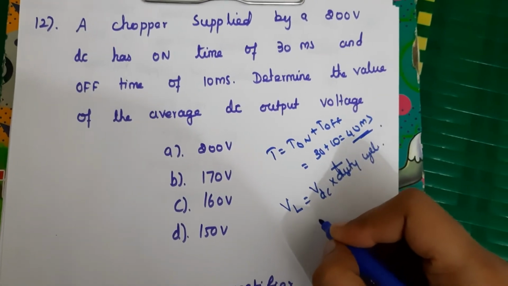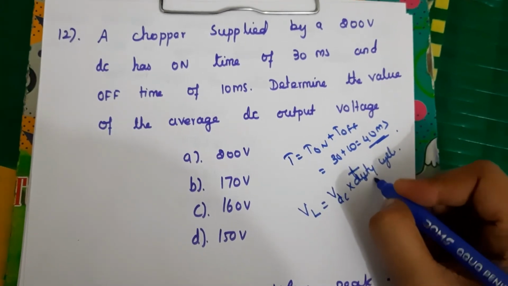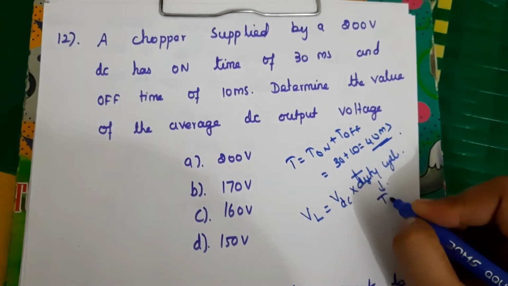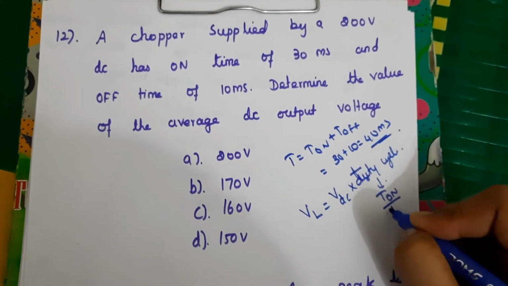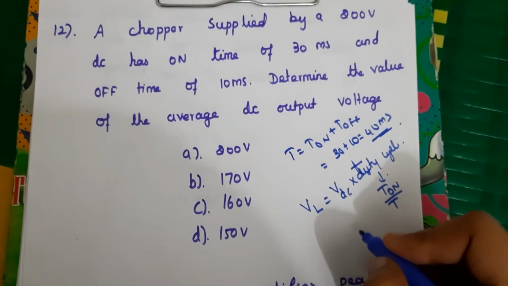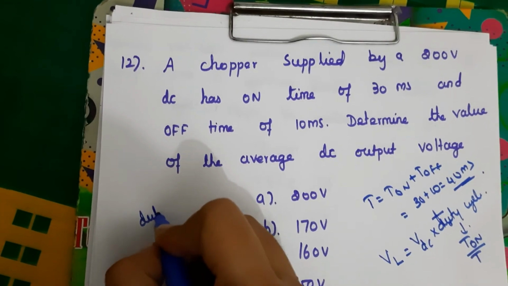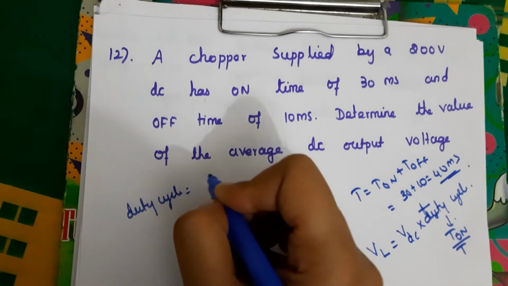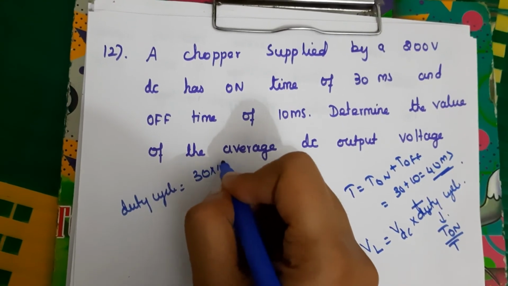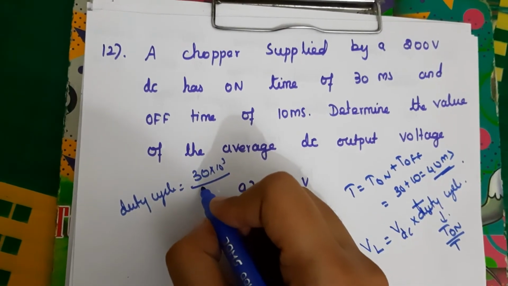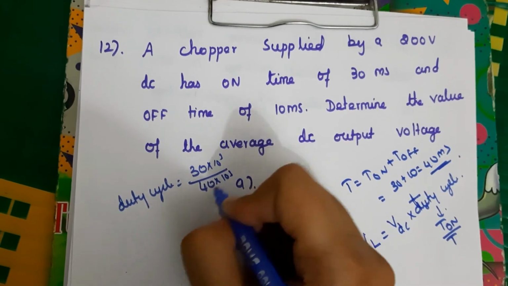The duty cycle is equal to T on divided by T. So we get the duty cycle equal to 30 into 10 to the power minus 3 divided by 40 into 10 to the power minus 3.